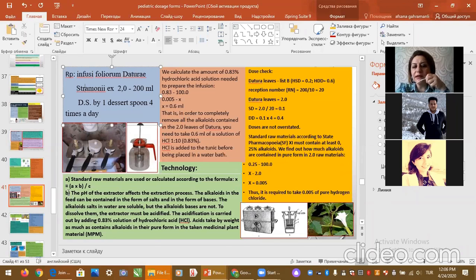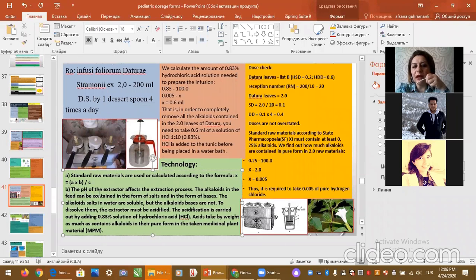The second step, the pH of the extractor affects the extraction process. My dears, this is infundirka. This is tonic, where we prepare infusion. And a simple form of this infundirka is so.